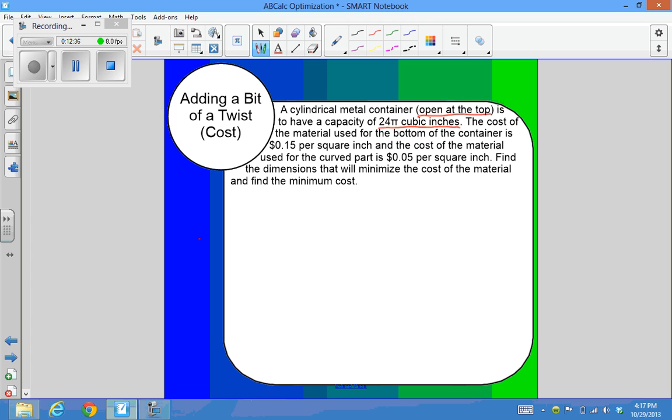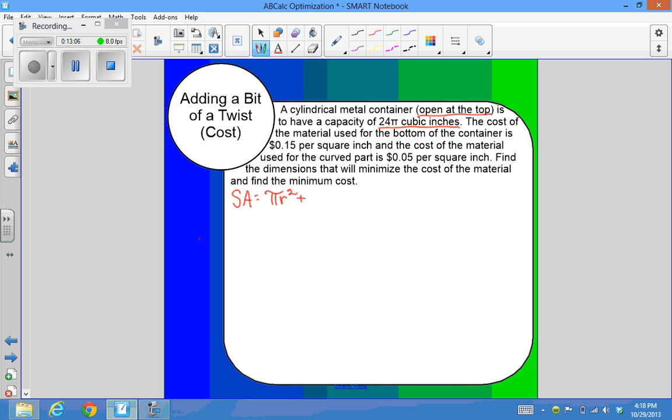Okay, well, we need to know what the surface area of a cylinder is. Since this is open at the top, I have one circle at the bottom, that's going to be pi r squared, and I have my side. If you slice down a cylinder and open it up, it's a rectangle.